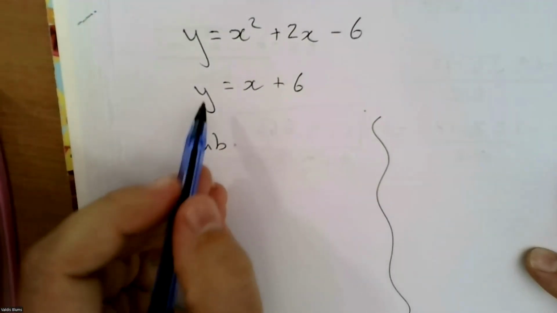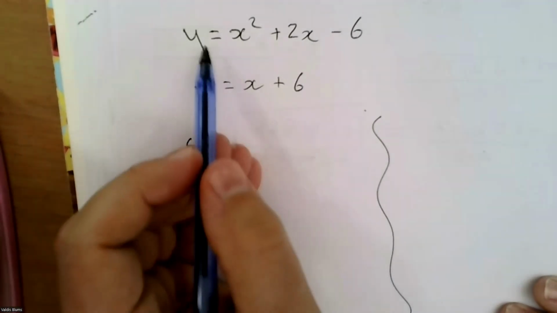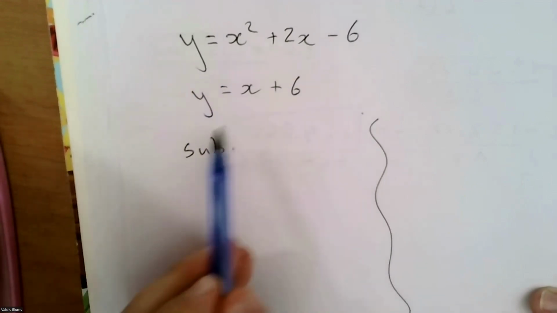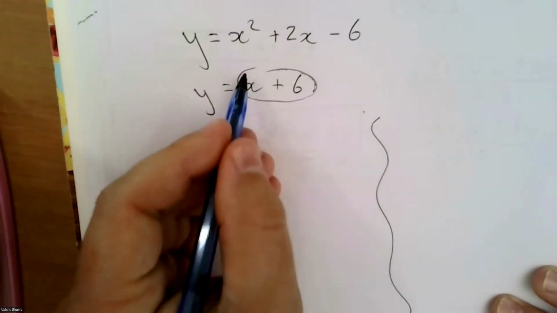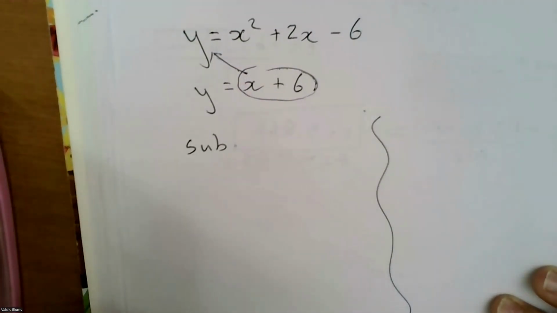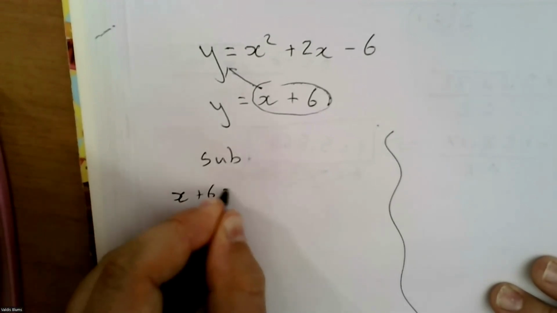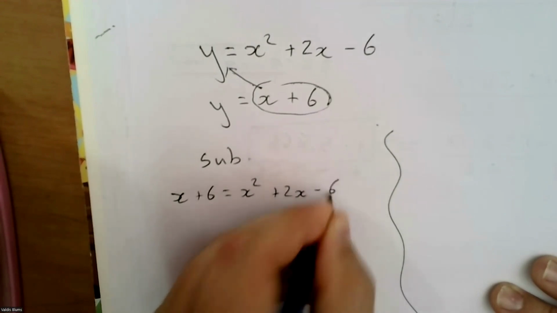Now, with the substitution method, you're substituting one thing in for another. So we can see that this is already written out in such a way that we have y is equal to and y is equal to. So this could substitute in as the y in the other equation. And we could have x plus 6 is equal to x squared plus 2x minus 6.